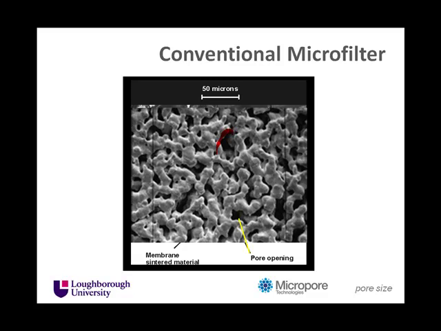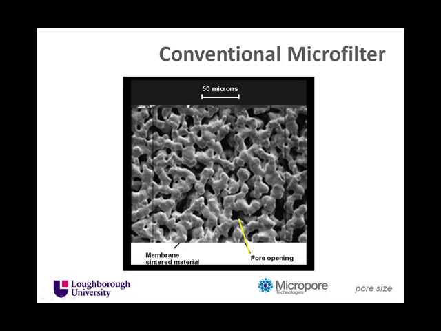Okay, well, here is a conventional microfilter, and the problem here is the surface. You can see here a pore opening, which is the dark bit in the middle here, which is probably round about up to 25 microns. There's a scale bar here at the top. So that's a 25 micron pore opening, but there's plenty of other sizes of pore openings on the surface of this membrane.